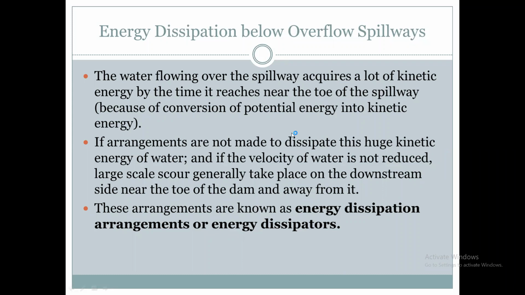If arrangements are not made to dissipate this huge kinetic energy while the water flows from the upstream side to the downstream side, a lot of kinetic energy is developed. If the velocity of water is not reduced, large scale scour will develop.